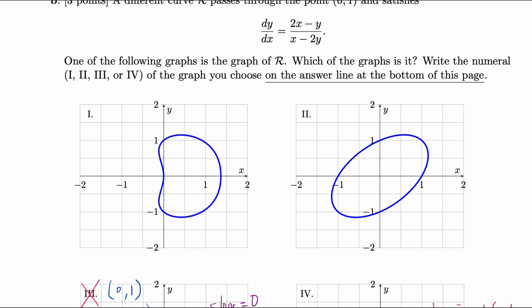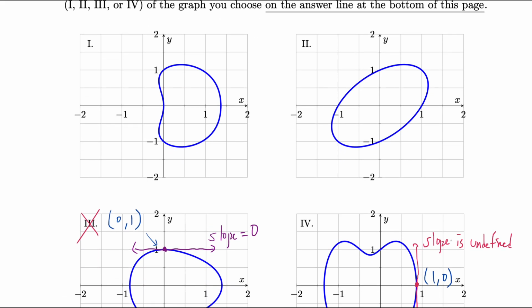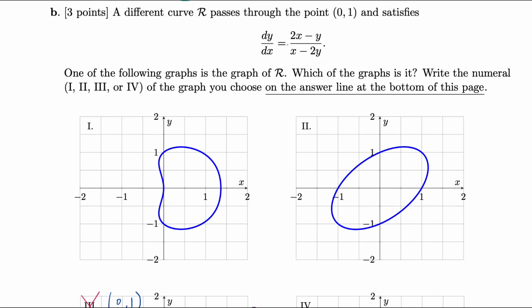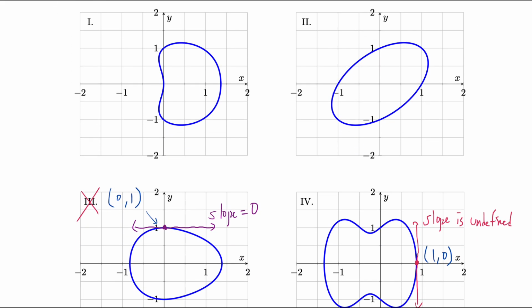A fraction is undefined when you're dividing by 0. So all we have to check is, at (1, 0), are you dividing by 0? So let's check this. At (1, 0), x is 1, 2y is 0. Well, the bottom is not 0. You're not dividing by 0. So this is actually defined. So you know it can't be 4 either.